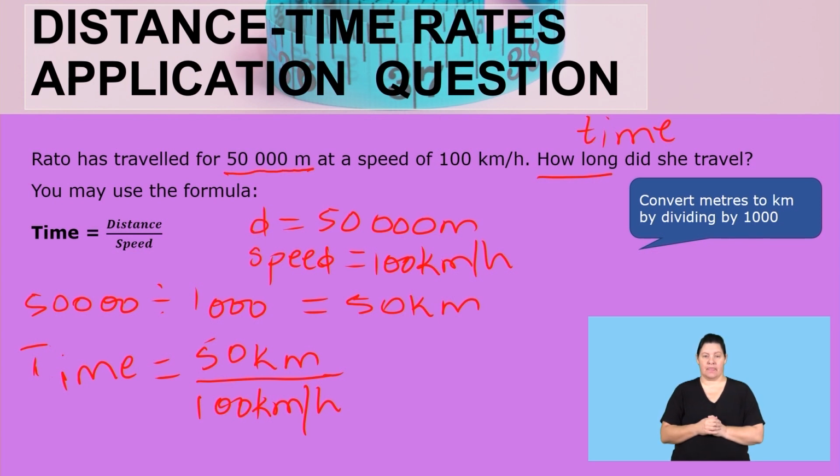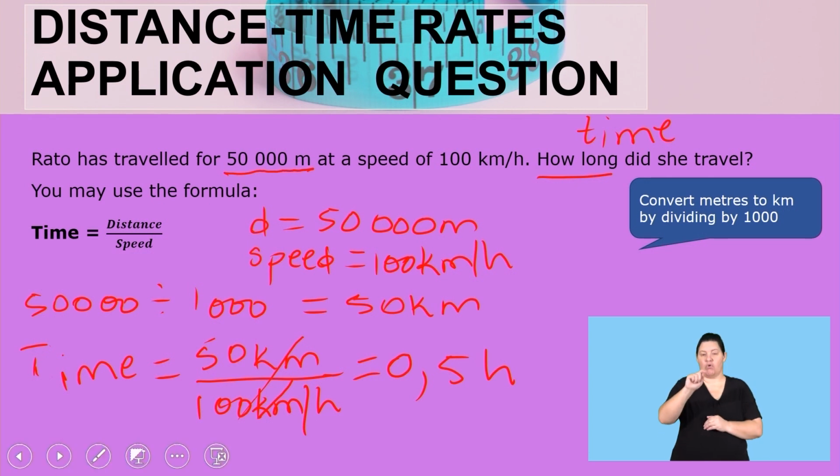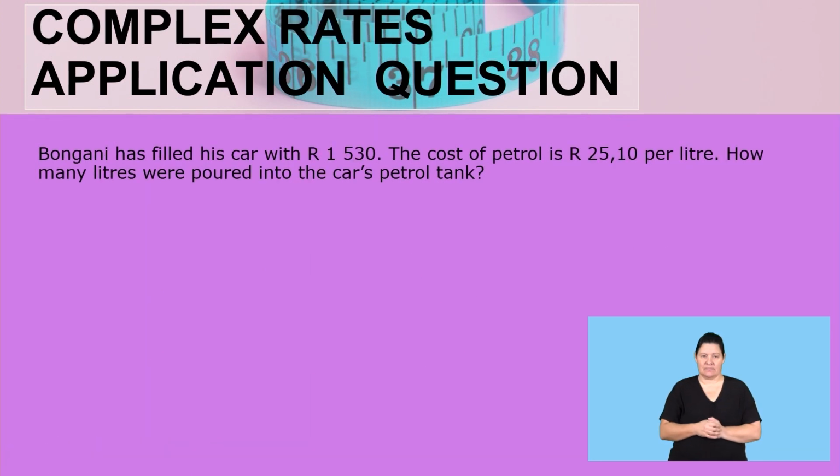So let us divide together. 50 divided by 100, then it's 0.5 hours. That is your time. Take note that kilometer will divide with kilometer, and then the time that we are having is 0.5 hours. Let's continue with the next question.